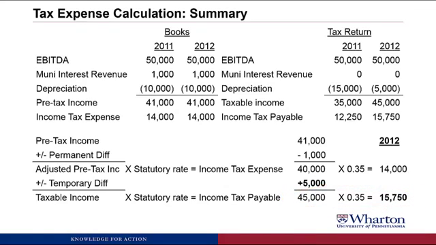And then if you did the same calculation for 2012, the only thing that changes is the temporary difference. The permanent difference, of course, doesn't change. And the temporary difference reverses so that now we add back $5,000 of depreciation expense to get taxable income. And as a result, our income tax payable goes up to $15,750.